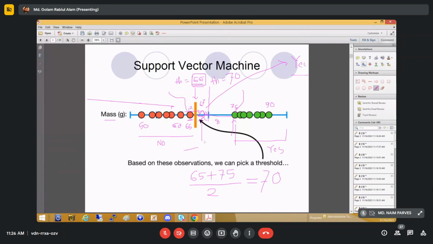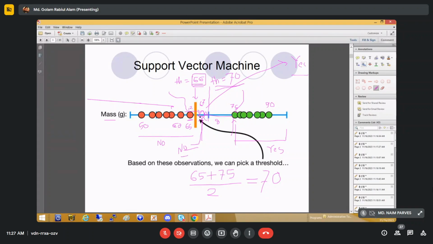If the learning model learns that 70 will be the threshold, then we can easily say that this test case has no obesity. And it is also true because this is closer to no obese people, and has a higher difference from the obese people.